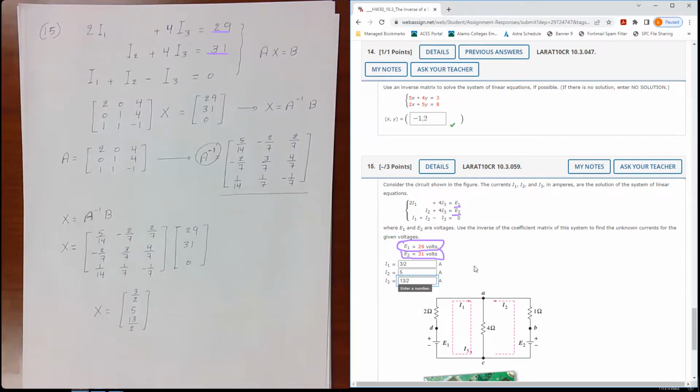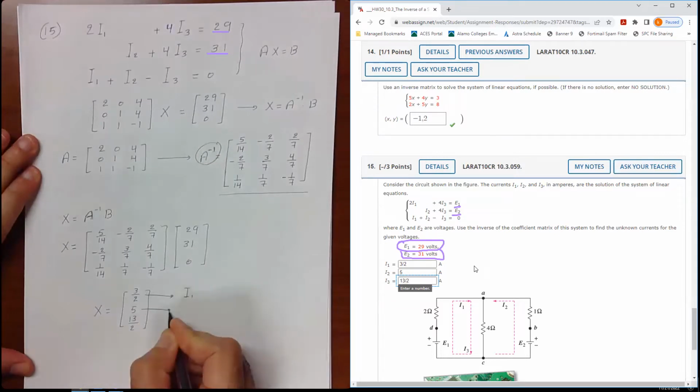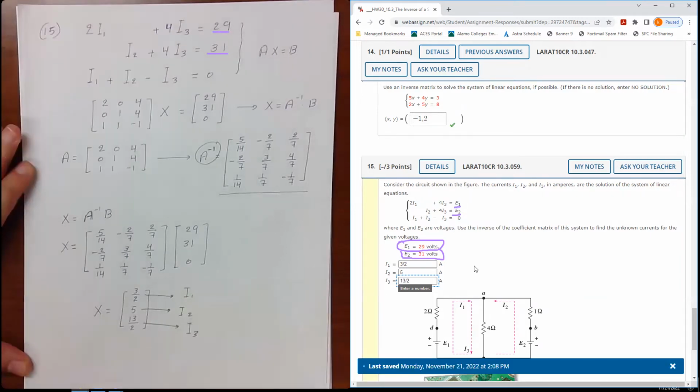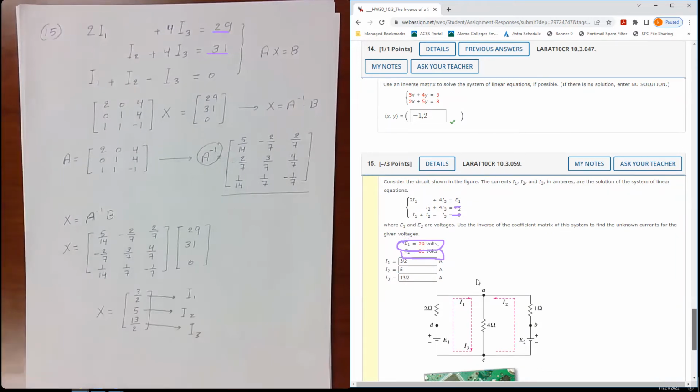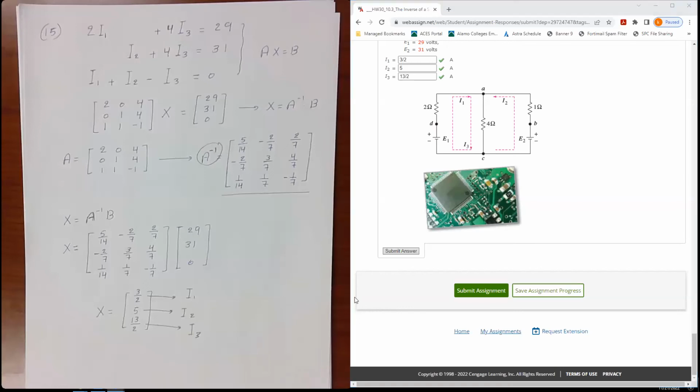So again, this is going to be I1, and this one is I2, and this one is I3. So that's it for this example. We got it right. That's it for section 10.3.